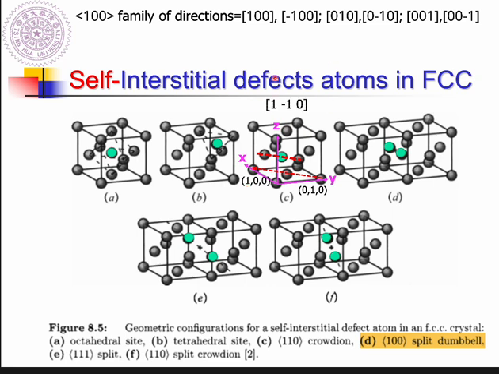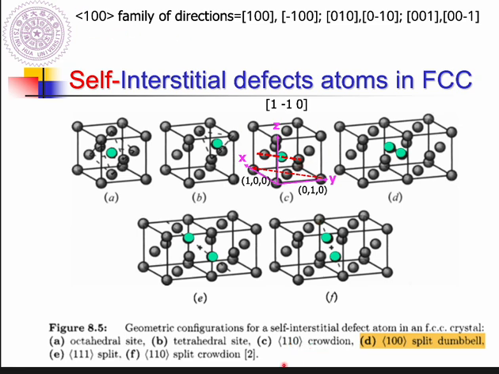This is the direction of the vector, and it belongs to the 110 family. So this defect, first of all, because it's in between 2 face centers, we call it a crowdion. And based on its vector direction, we call it a 110 crowdion.